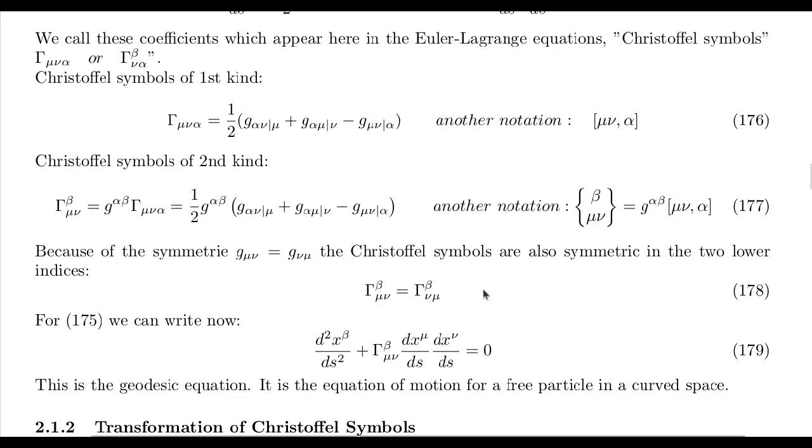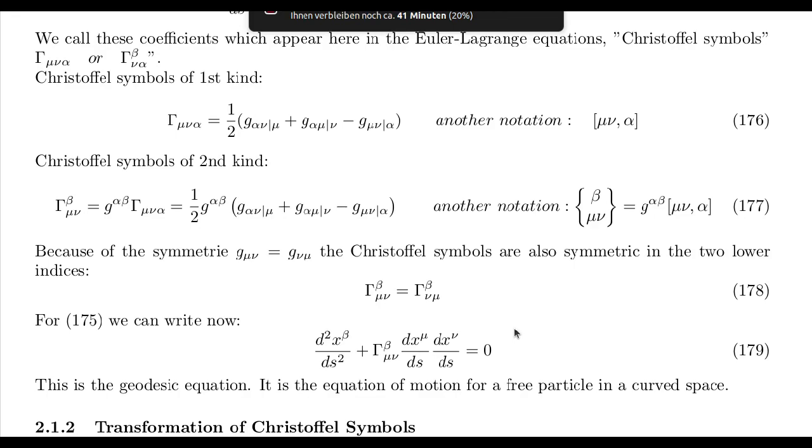And now we can substitute in the Euler-Lagrange equation the expression with the metric tensors by using a Christoffel symbol of second kind. If we only talk about Christoffel symbols, we usually mean the Christoffel symbols of second kind.